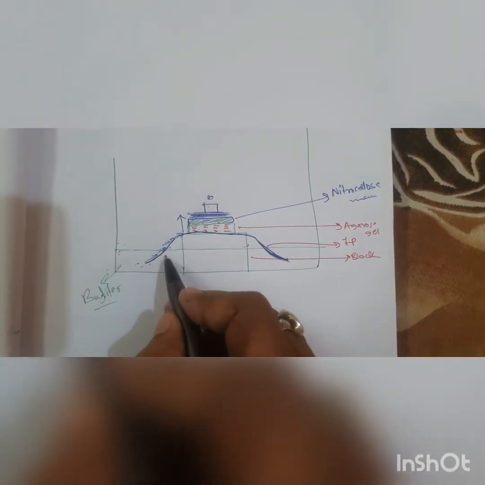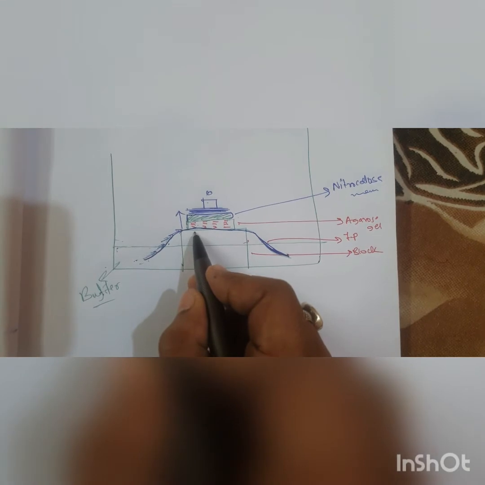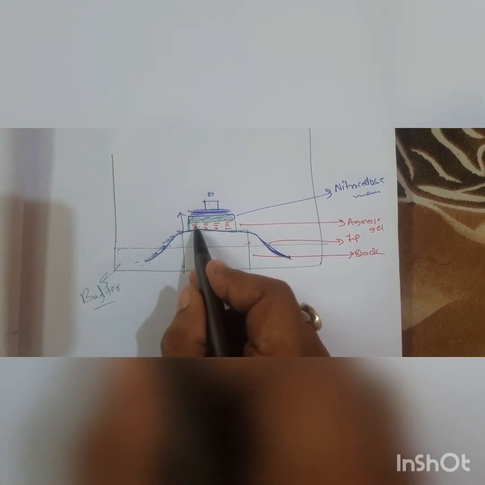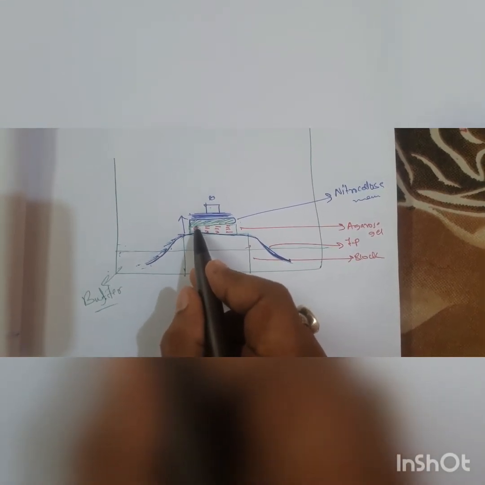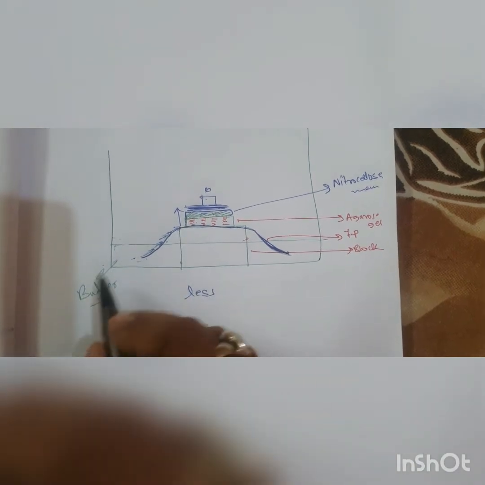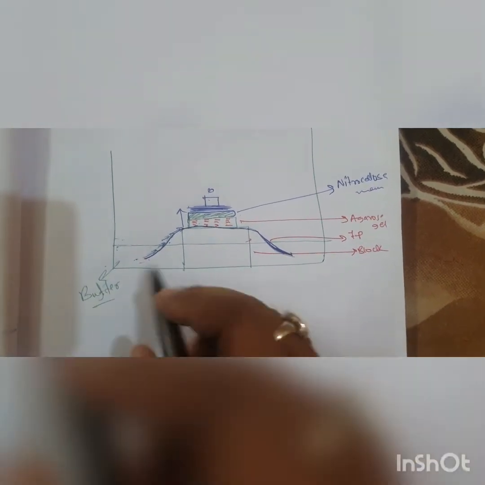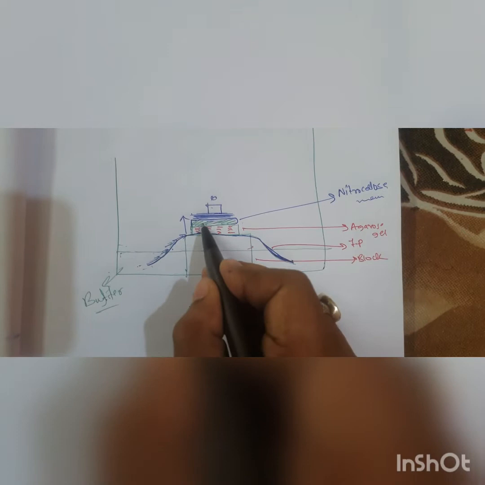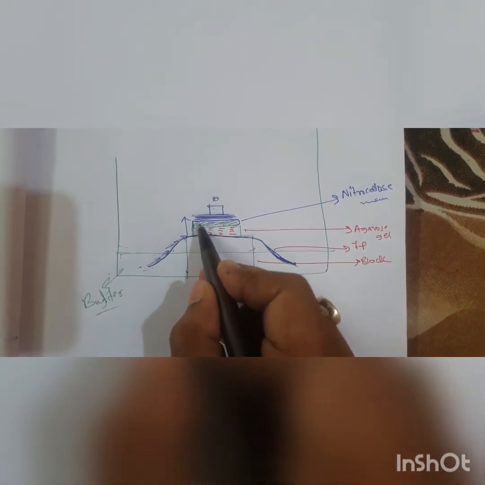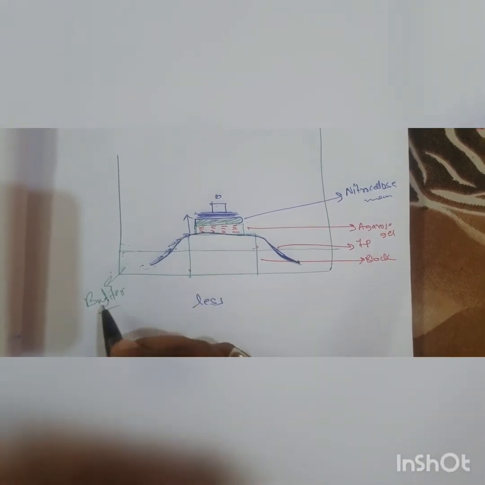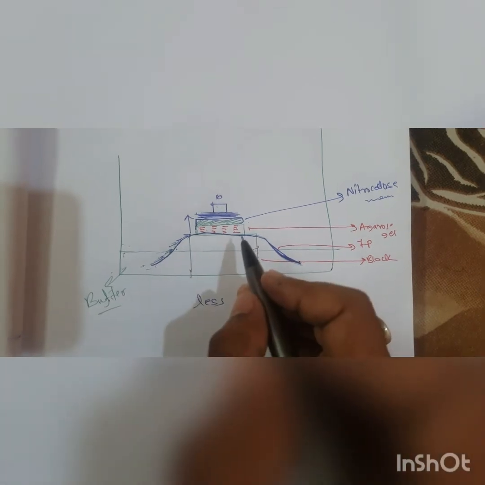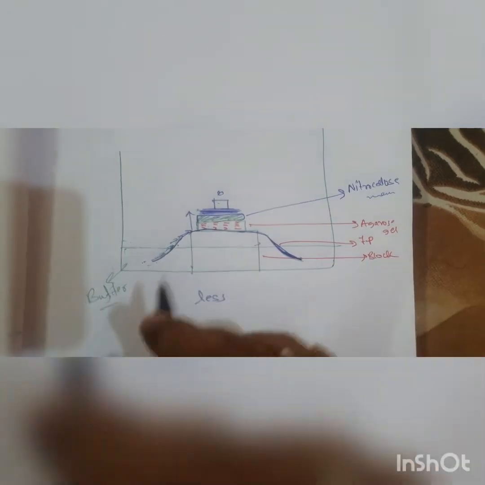So when the buffer rises, the DNA will also rise up with the buffer, because the buffer and the DNA have a greater affinity than the buffer and filter paper.